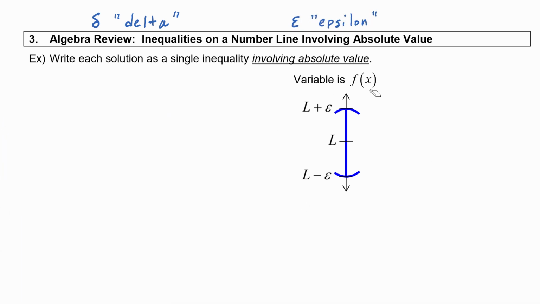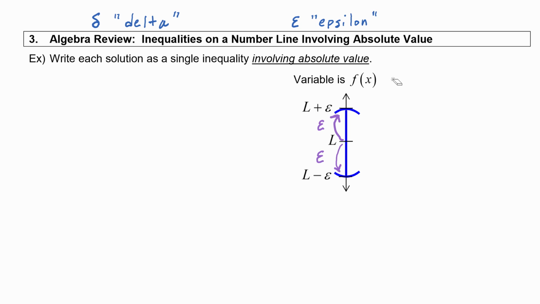Here we have a vertical number line with a point L on that number line. We can go up to a maximum of L plus epsilon or down to a minimum of L minus epsilon. That tells us that the distance from here to here is epsilon, and the distance from here to here is also epsilon.